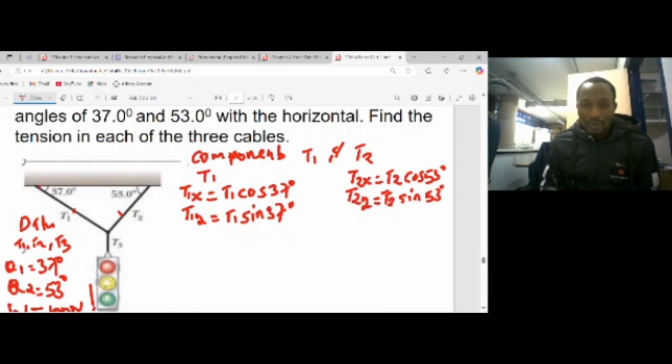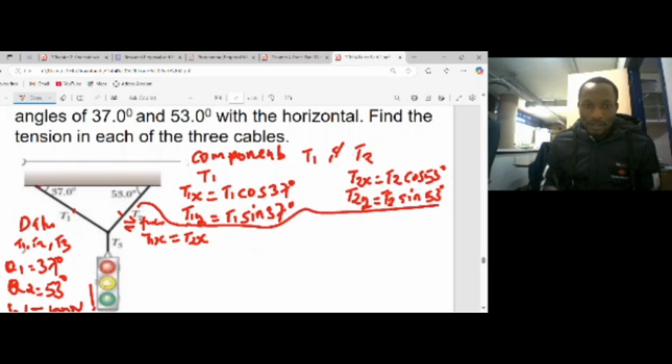From here, we can look at the forces at equilibrium, and we can see T1 in the x component is in equilibrium with T2x, the one for horizontal. So T1x is in equilibrium with T2x. These are equilibrium forces. Okay, so this part we are done with.